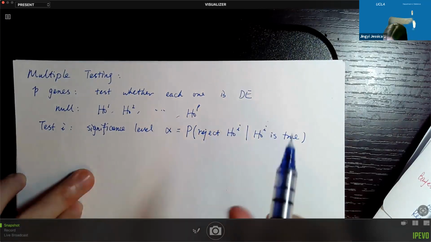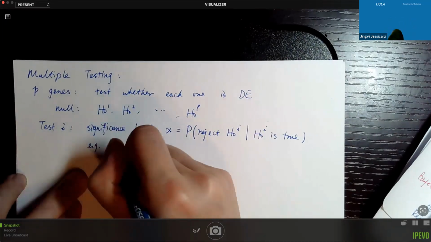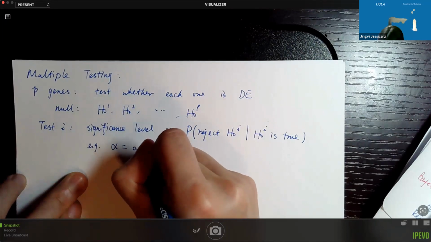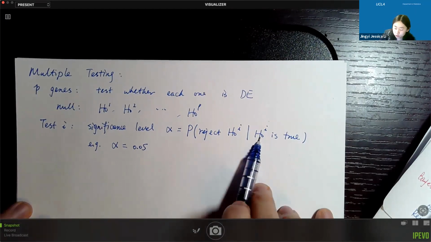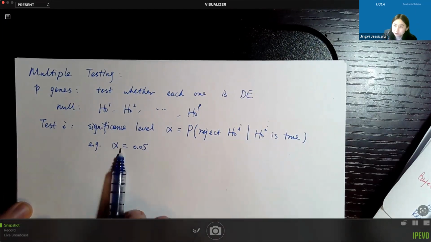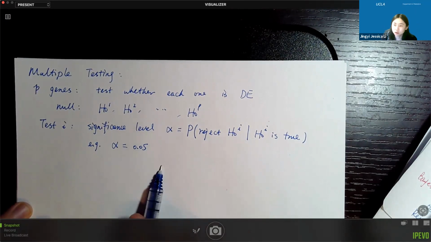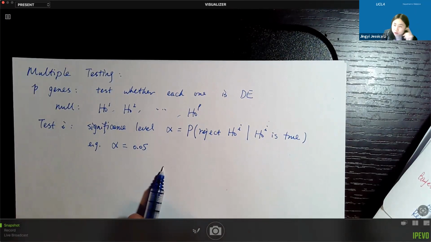So imagine that we set alpha equals 0.05. That's a commonly used level. Then it means that when the null hypothesis is true, we have 5% probability of mistakenly rejecting it, which means that we reject it with a false positive.